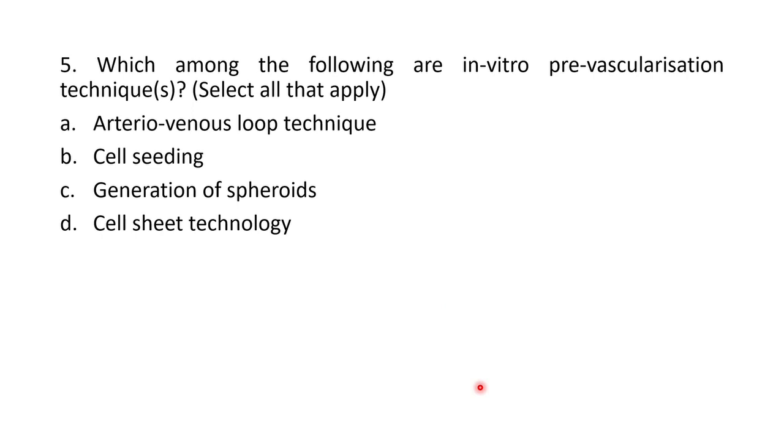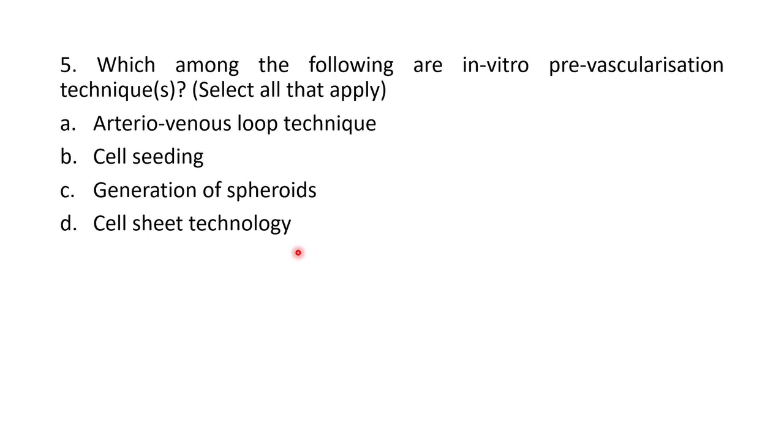Moving on to the fifth question. Which among the following are in vitro pre-vascularization techniques? The options are arteriovenous loop technique, cell seeding technique, generation of spheroids technique, or cell sheet technology.